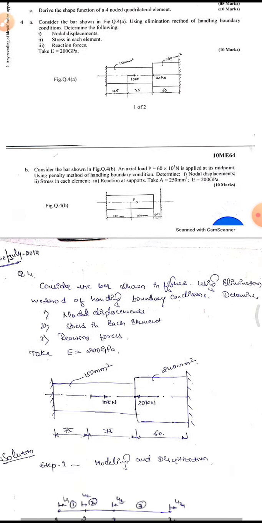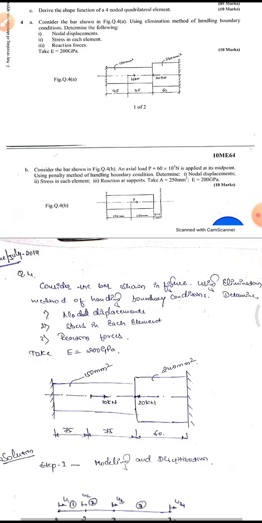Why have we formed this second element? We have formed it because we have a load acting at a length of 75 from the fixed end. For that purpose we have formed one more node to define that load. Clear?